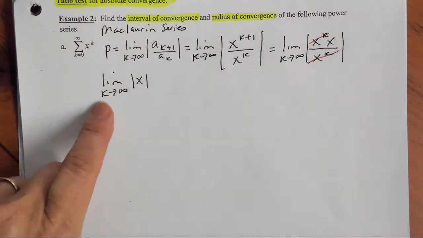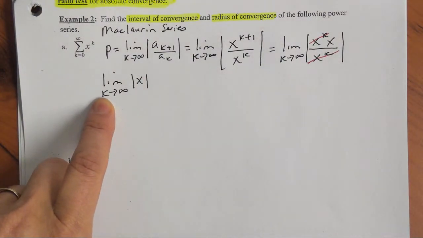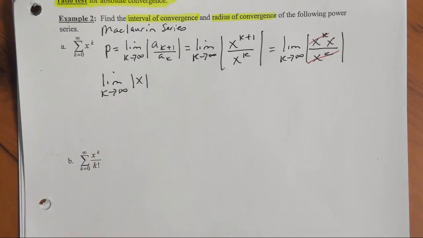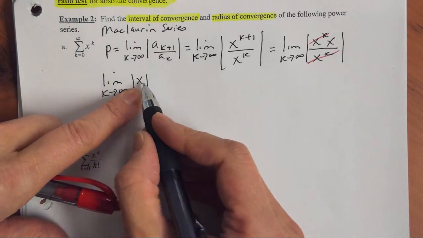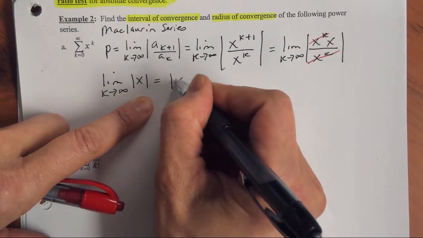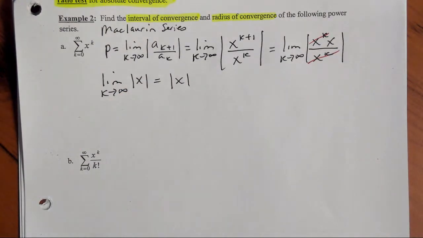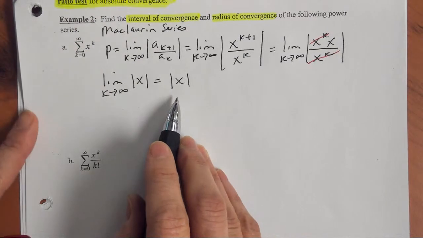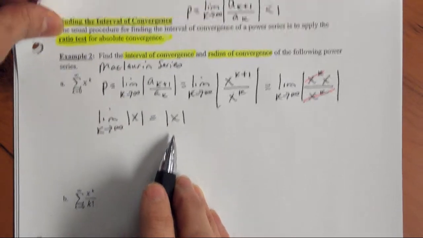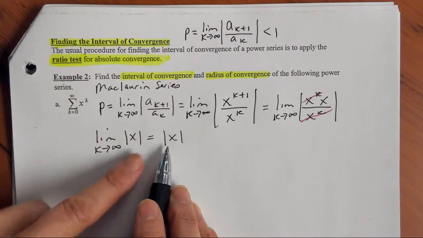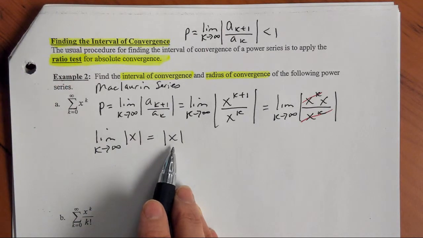So what we need to do at this point is to take k out to infinity. But since we don't have any k's, it's just going to be this. Right? So that's just going to equal absolute value of x. Right, so that is the basic ratio, and you're not going to get just a numerical answer usually. You'll get something with x's in it. So now I want to force this to converge.